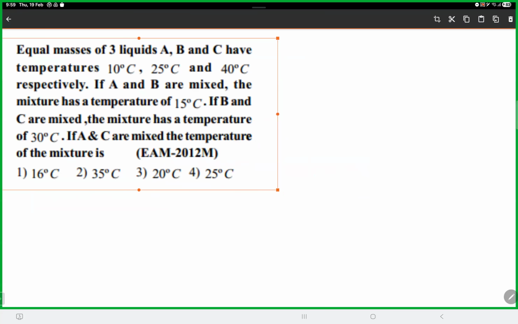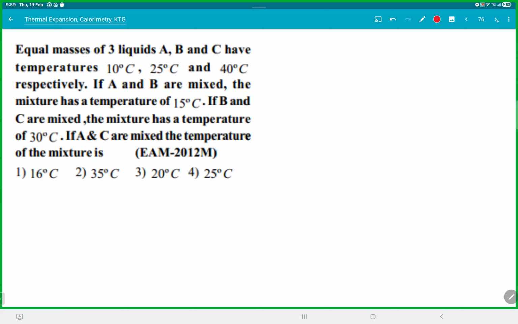Let's get this. Three liquids A, B, C, temperature 10, 25, 40. When A and B are mixed, temperature is 15. When B and C are mixed, temperature is 30. When A and C are mixed, what is the temperature? The liquids have same mass, but they're not same liquids, huh? So specific heats are not same.